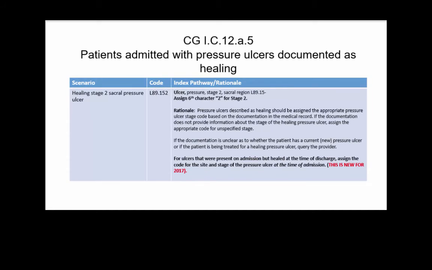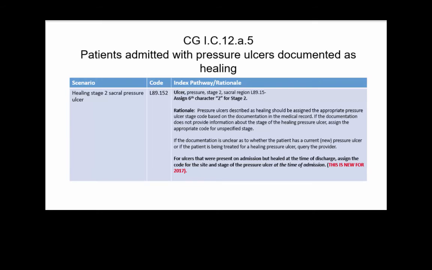This guideline has to do with patients admitted with pressure ulcers documented as healing, and the actual language in the code book says healing. You see a pressure ulcer, pressure, stage 2 sacral region, with a 6th character of 2 for stage 2, gives us L89.152.